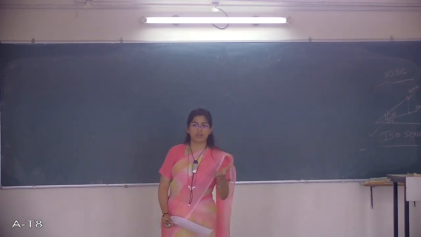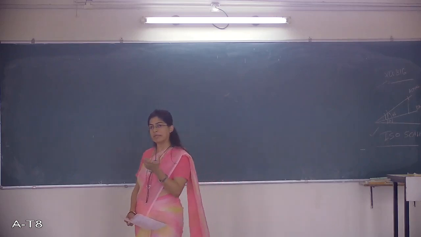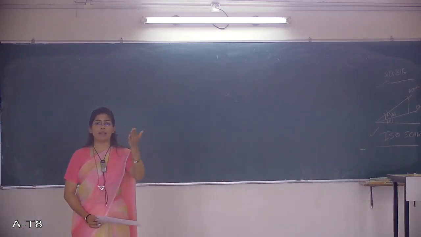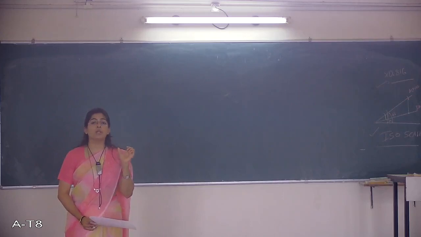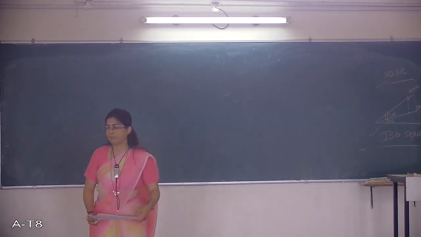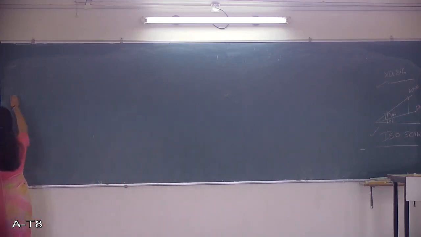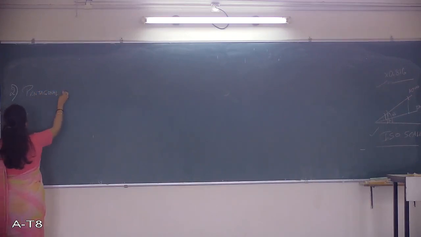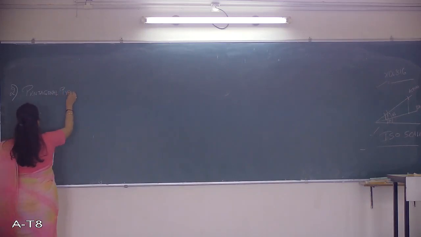So we have a rectangular slab which is measuring 100 mm into 60 mm. Upon that we have a pentagonal pyramid that is kept. This is the second problem, which is problem number 35 from the manual. We have a pentagonal pyramid.